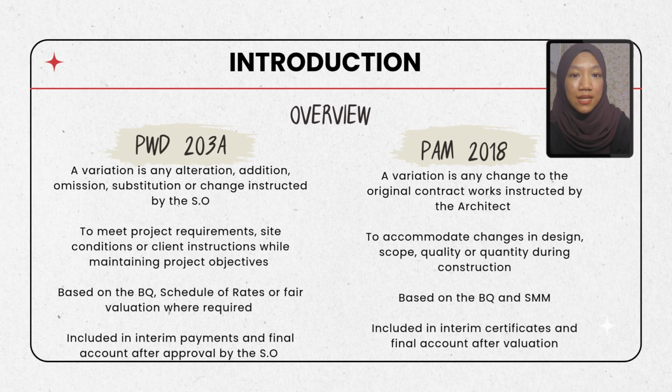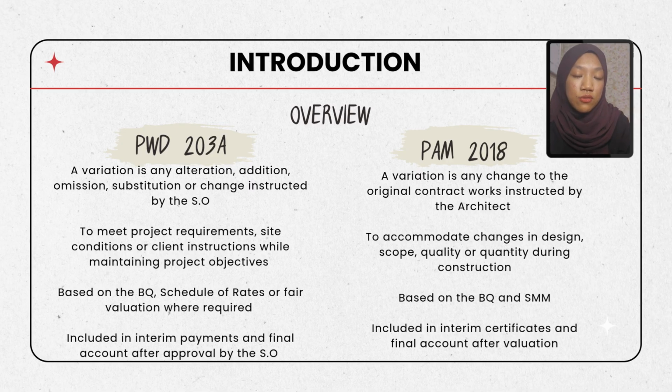On the other hand, under PAM 2018, a variation is any change to the original contract works instructed by the architect. These changes may involve the design, scope, quality, or quantity of the work during construction. The valuation is generally based on the bills of quantities and the standard method of measurement (SMM).